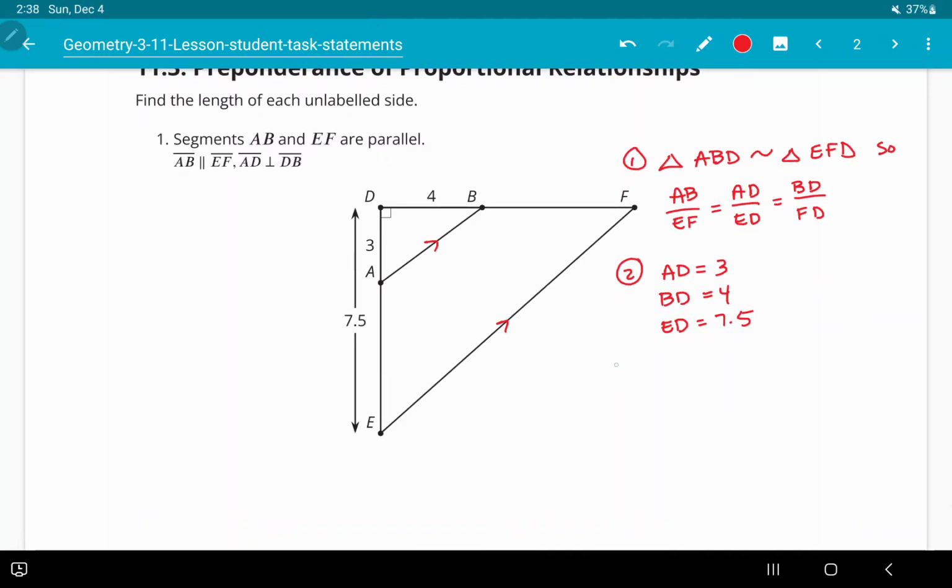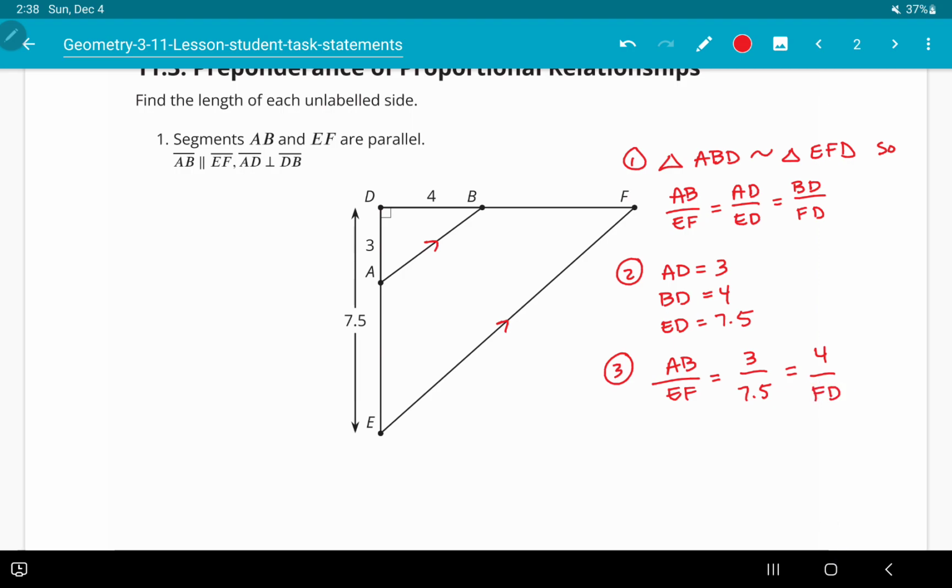So let's fill in what we already know. So AB, we don't know that one yet. EF, we don't know that one yet. AD, we know that one's 3. And then ED, that one's 7.5. And then BD is 4. And FD, we don't know that one yet.